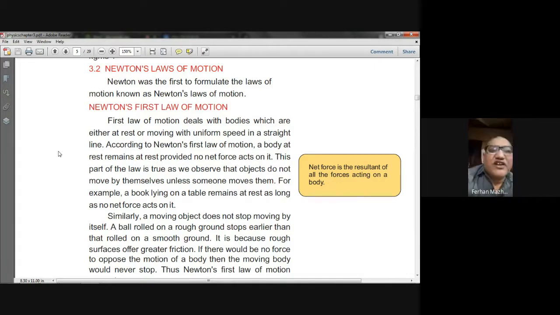But Newton's first law is very simple. It says if the forces are balanced, a body at rest will remain at rest forever, and a body moving with a speed will continue moving with that speed in that direction forever. But this all happens only if all the forces are balanced.